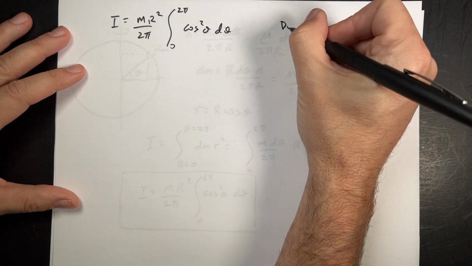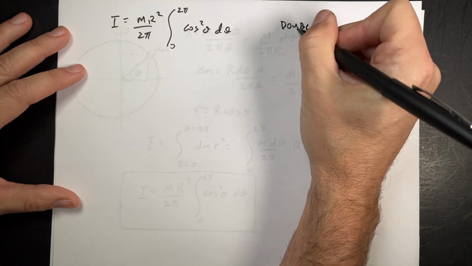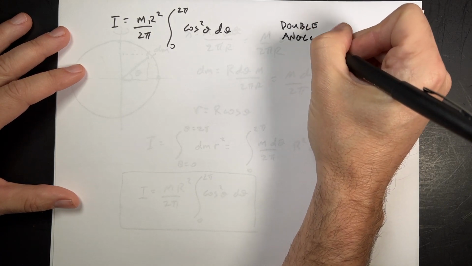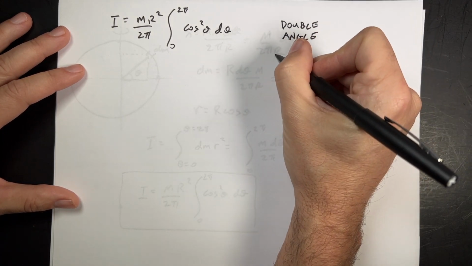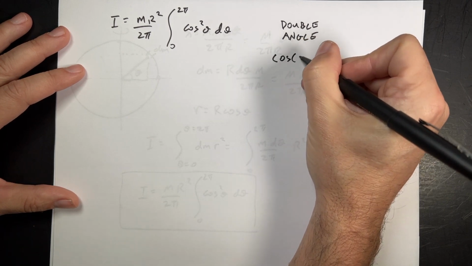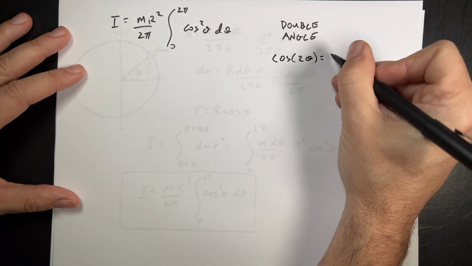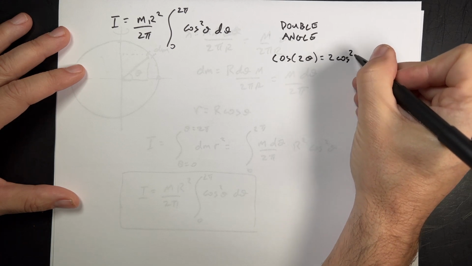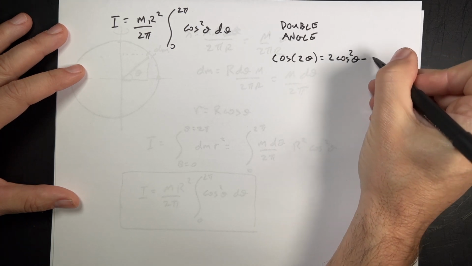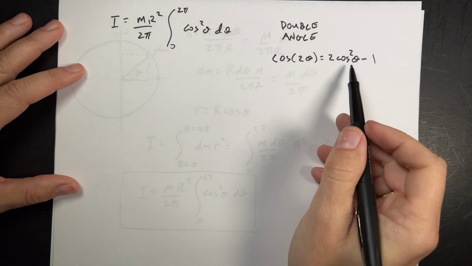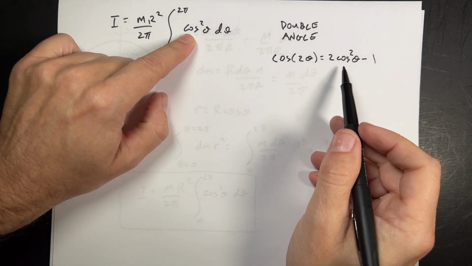Let's write it over here. One of the double angle formulas says that the cosine of 2 theta is equal to 2 cosine squared theta minus 1. So if I solve this for cosine squared theta and put it in here, I can integrate.